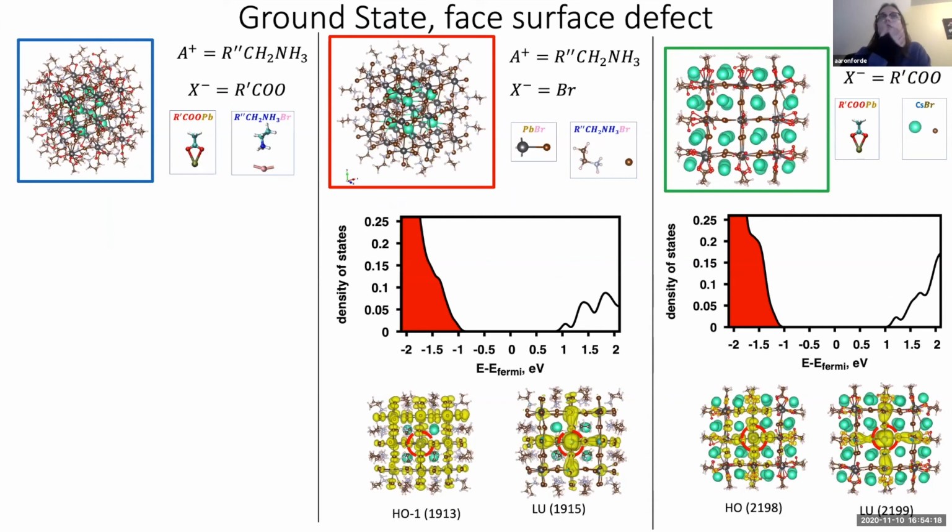So this set of slides looks at the ground state electronic structure. And if I remove ligand pairs from the face of the crystal, and by face, I mean, well, I guess I have them circled in the orbital pictures.